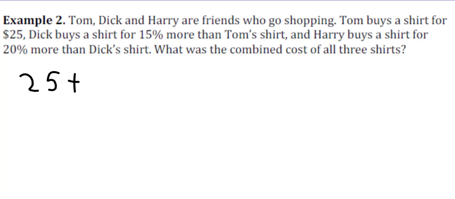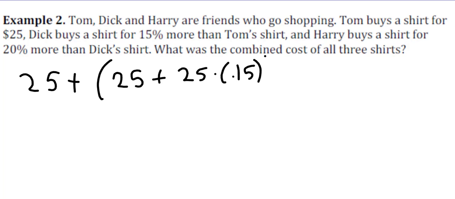So how would we do that? Well, using what we just did last time, Dick's is $25 plus 15% more than $25. So we're going to have 25 times 0.15. So that's how much Dick paid for his shirt.